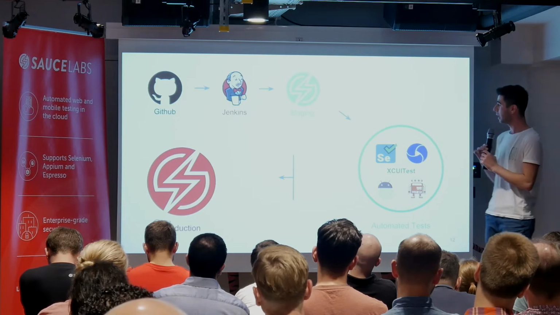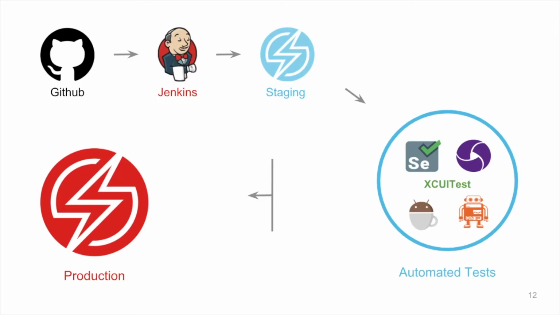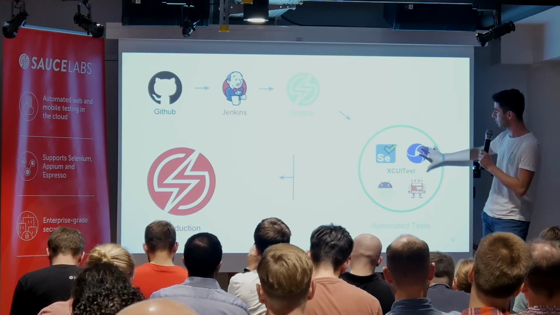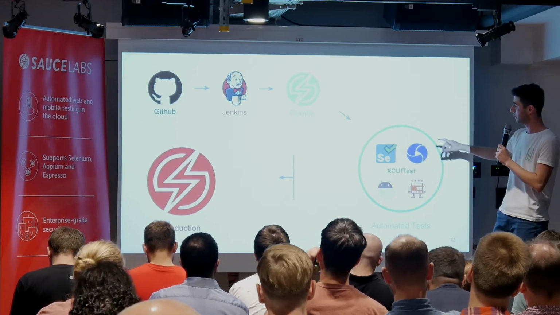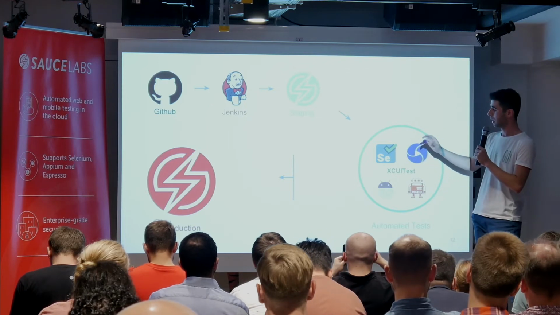So this is what we have now. When we have something new, we need to make a release, then deploy it to staging manually, then run our tests. These tests are automated, but we need to trigger them manually, then check the test results one by one.